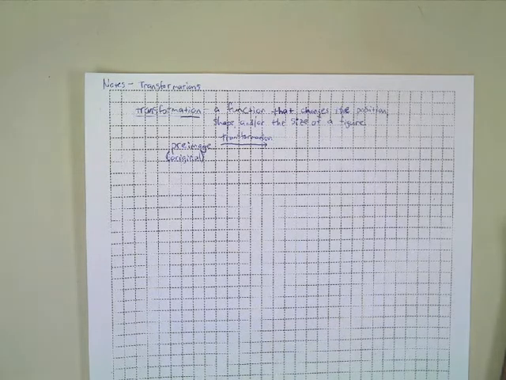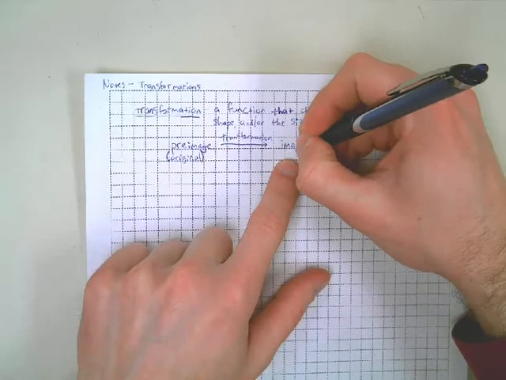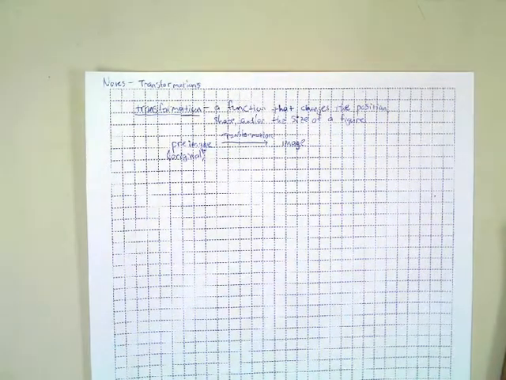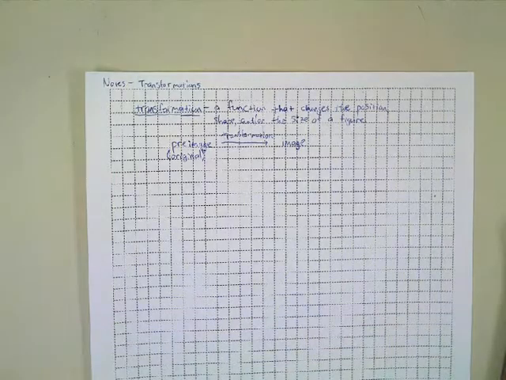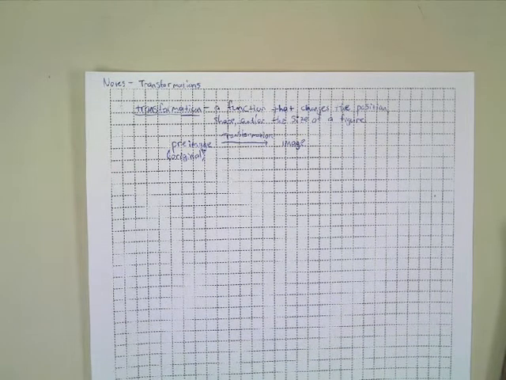If it's the pre-image and we transform it, it now becomes the, well, it becomes the image. It becomes the image. Okay? The image is like the transformed figure. Okay? And there's no other name for it. So the pre-image becomes the image, or in other words, the original becomes the image under transformation.